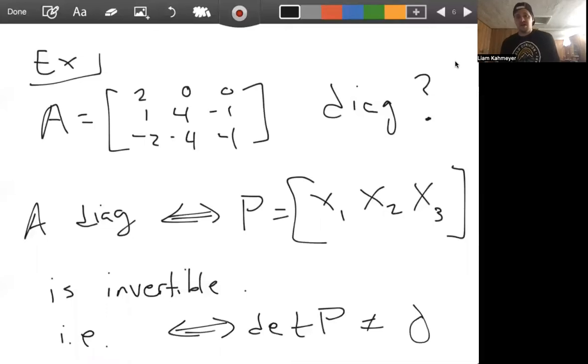So to find if A is diagonalizable, we first have to find the eigenvalues and eigenvectors of this matrix A. We've already seen examples of how to do that, so I'll just go ahead and write, and you should verify.